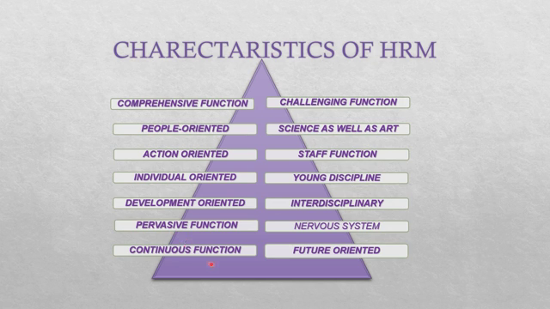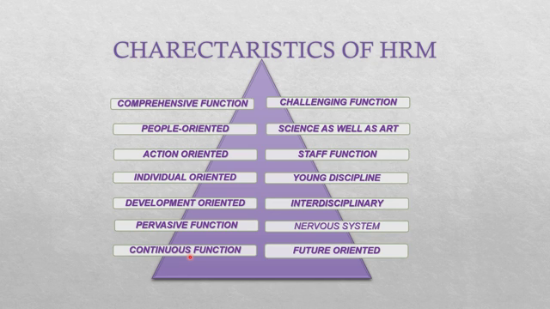It is also a continuous function. If you're managing people today, it's not that it stops at some point while the company is running, while the organization is in operation. It is a continuous function. It does not stop after a particular period of time. There's a line in your textbook: management of human resource is an ongoing or never-ending exercise rather than a one-shot function.